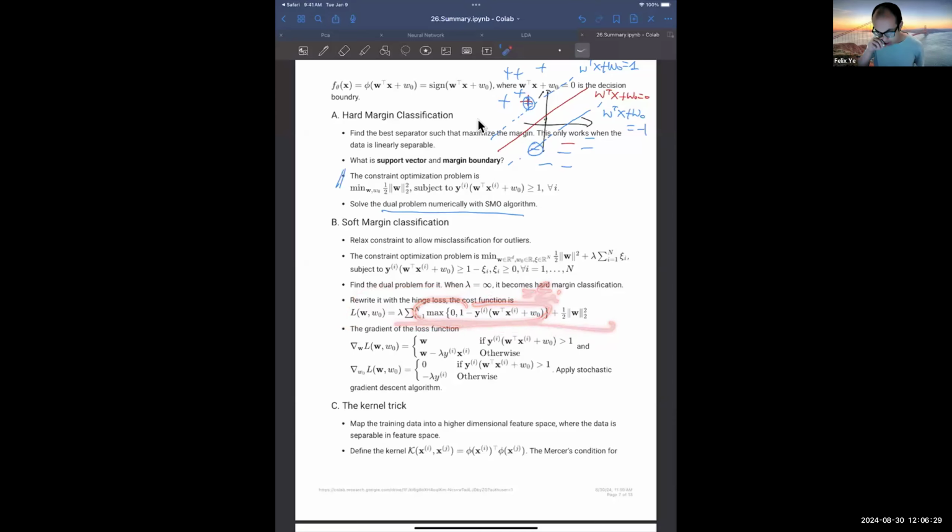All we need to do is choose xi equal to this term, and that will be good enough. This is nothing but something called hinge loss. So this is basically a hinge loss plus L2 regularization. The beauty of everything is we can find the gradient analytically, and we can use stochastic gradient descent to minimize it.